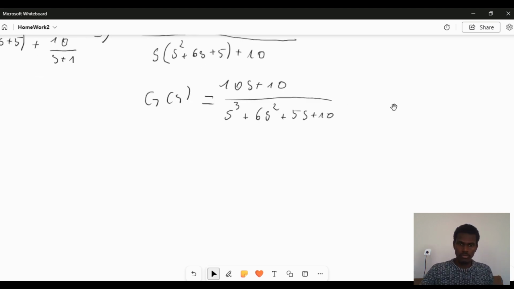So we can find the state space model like this.